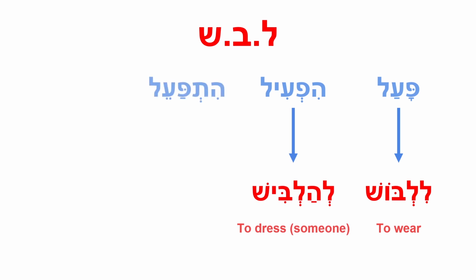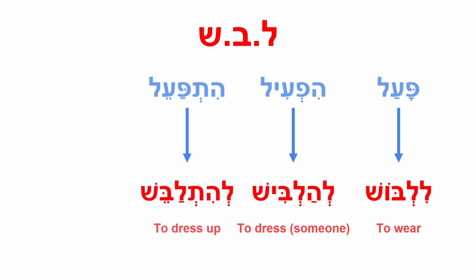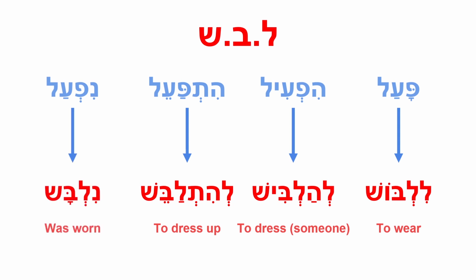If we apply the same root into hitpa'el, and hitpa'el as we know, it can be either a reflexive action, transitional action, or a mutual action. So we will receive the verb lehitlabesh, to dress up or to get dressed. If we apply the same root into binyan nifal, and as we know, lilbosh is to wear, but nilbash, it means that something was worn.